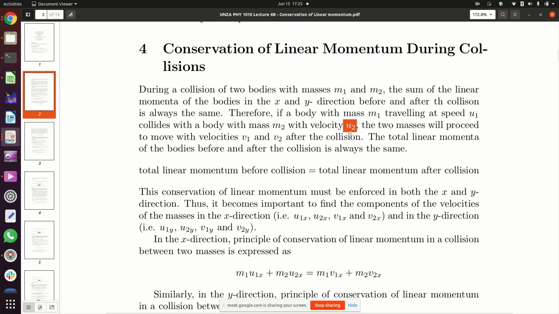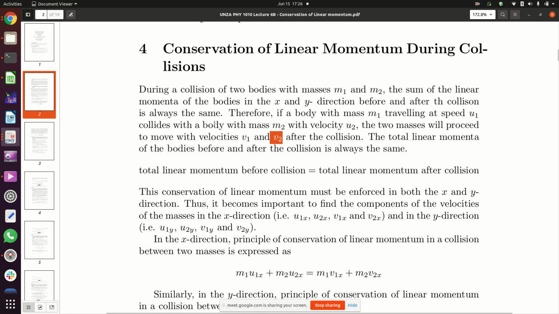So these objects, m1 and m2, before they collide, are moving at constant velocities. Then after they collide, they move with different velocities. So the velocities after collision will be v1 and v2, and the velocities before collision will be u1 and u2.